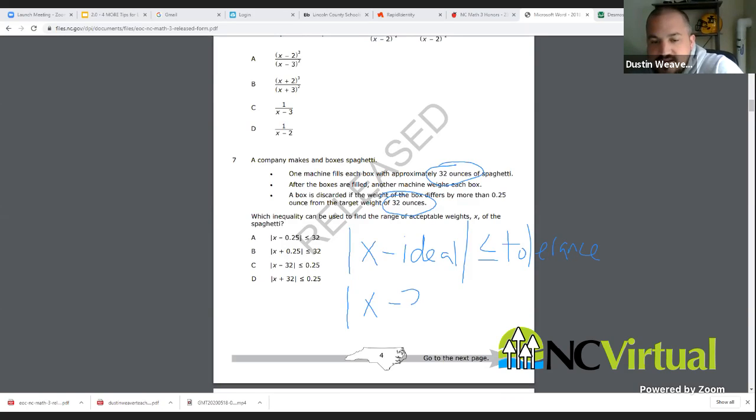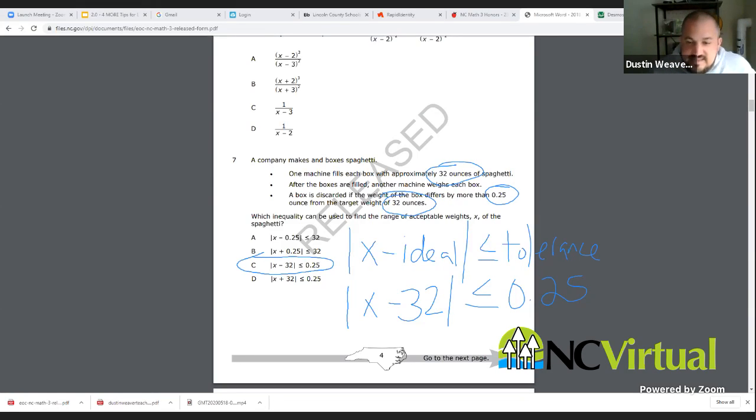It gives you that twice. So we know it's x minus 32 is less than or equal to, and tolerance is how much you're going to tolerate it being off. So it's okay if we have this much error, and the error that we're okay with is 0.25 or less. So the absolute value of x minus 32 is less than or equal to 0.25. And there we are with C for question number 7.